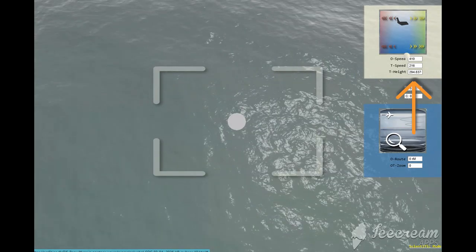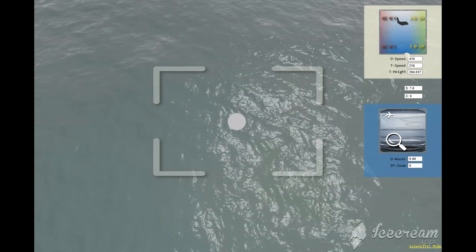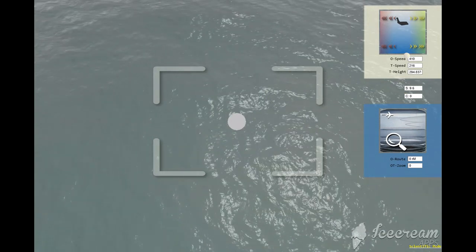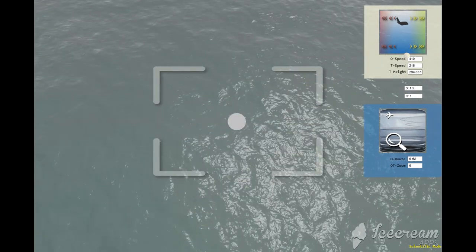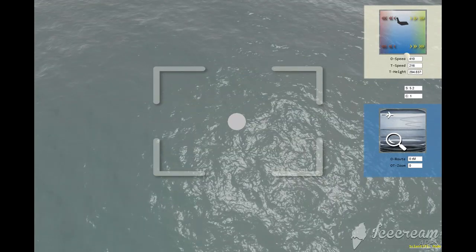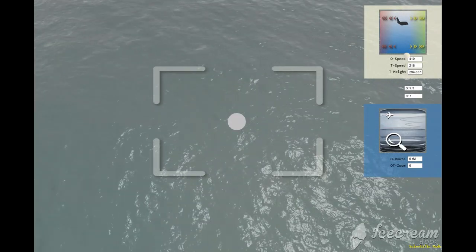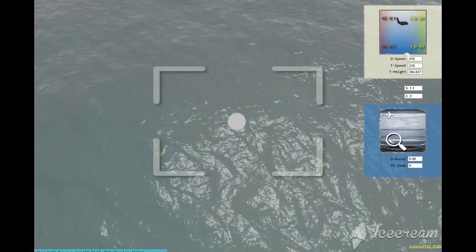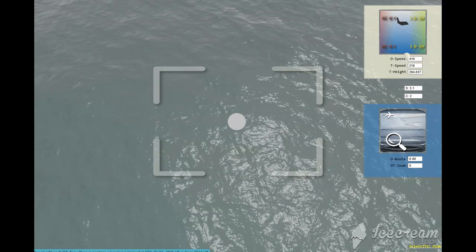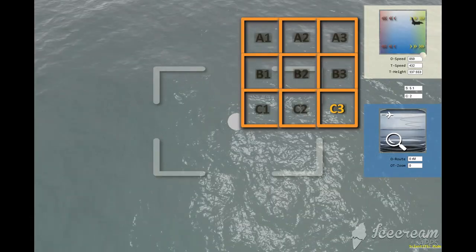One can tell that there is a lot of movement in the background the closer the target gets to the sea surface. This will be even more pronounced if the target speed is around 400 kilometers an hour.